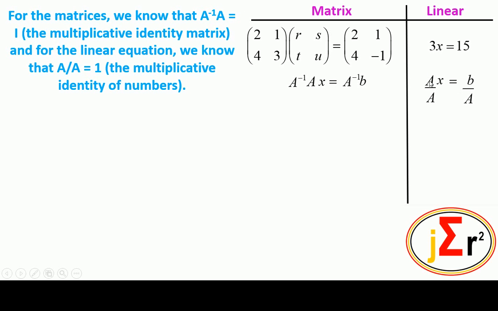And 1 is also the multiplicative identity for numbers. The analogy is very, very close. A inverse times A gives the identity for matrices, and when we divide a by a, we have 1, and 1 is the multiplicative identity for regular numbers.